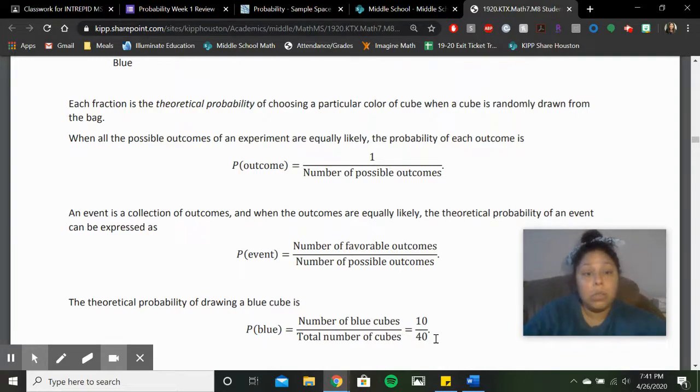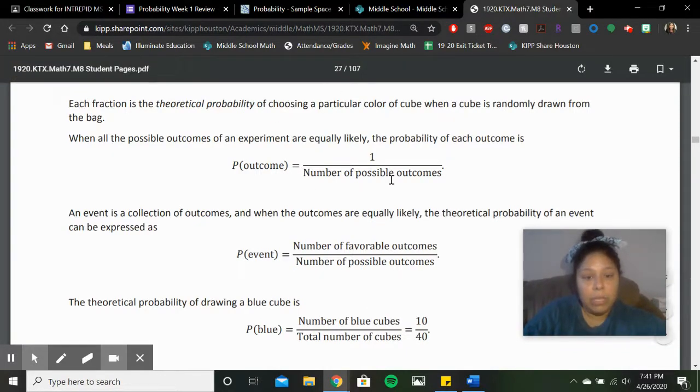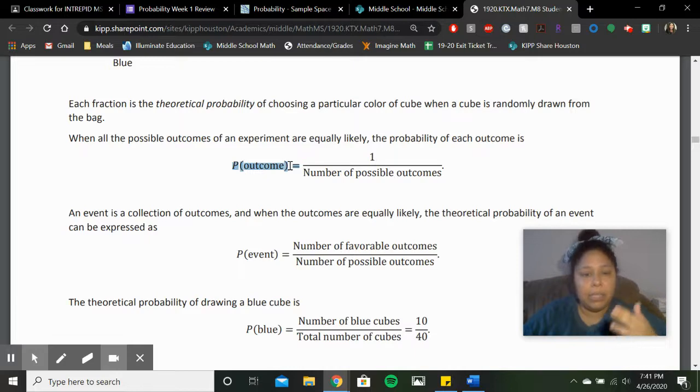Then we start to also think about this formula here and what it means. So this right here does not mean P times the outcome. I know that can be confusing because this is how we've seen things before with parentheses, but what this means is probability of an outcome. When you see something on the outside like this, it means probability of an outcome.